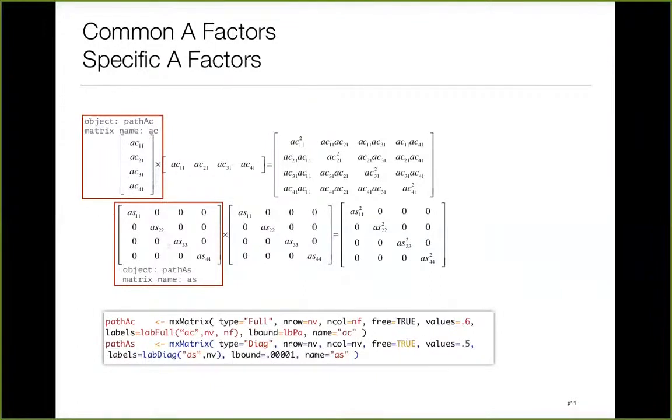The bottom of the slide presents some OpenMx syntax for constructing the two loadings matrices. The matrix of loadings onto the common additive genetic factor has R symbol path AC and MX name AC. Now, by MX name, I refer to what the object will be called within the MX model's namespace. The matrix of loadings onto the unique additive genetic factors has R symbol path AS and MX name AS.